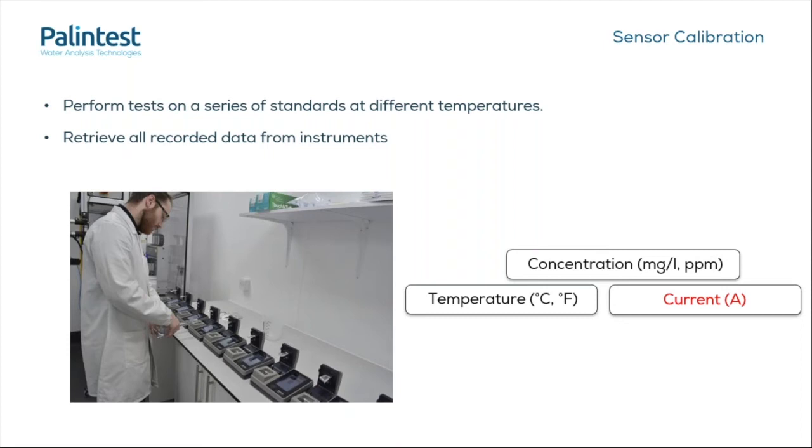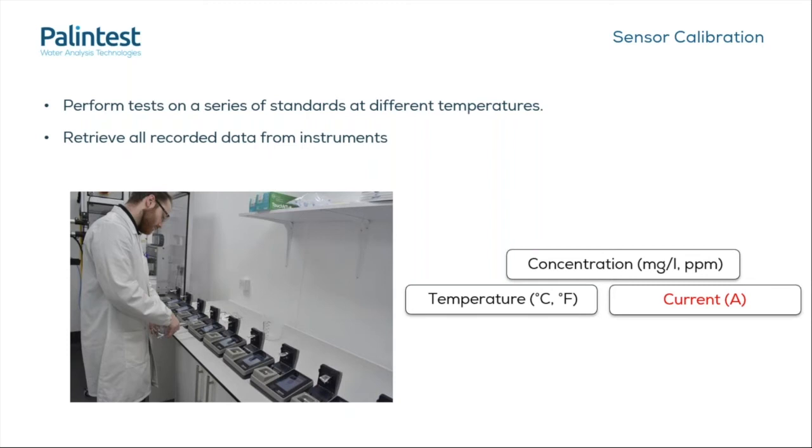We titrate those standards, so we know exactly what concentration they should be, and we test these at different temperatures. In this instance, we know the concentration either in milligrams per litre or ppm, which is the same thing. We know the temperature either in degrees Celsius or degrees Fahrenheit. The only unknown here is the current which the sensor is going to produce.